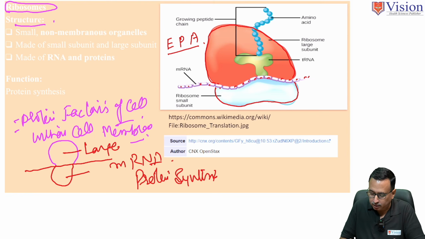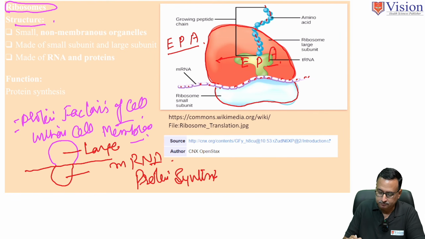The A site is for attachment of a new amino acid. The P site is where the polypeptide chain elongates and grows, like this is a polypeptide chain. And the E site is the site from where the transfer RNA leaves the large subunit of ribosome.